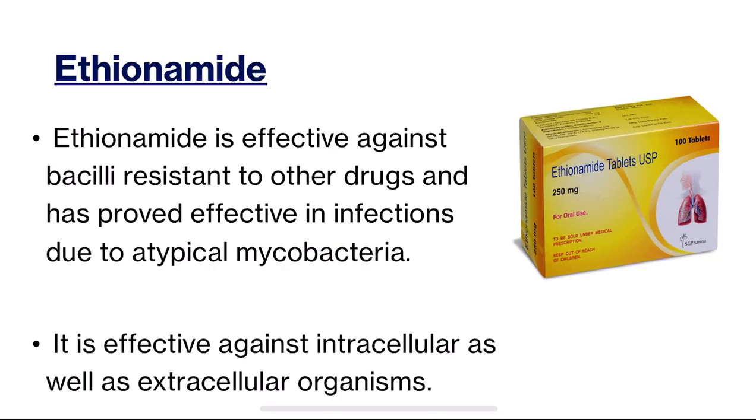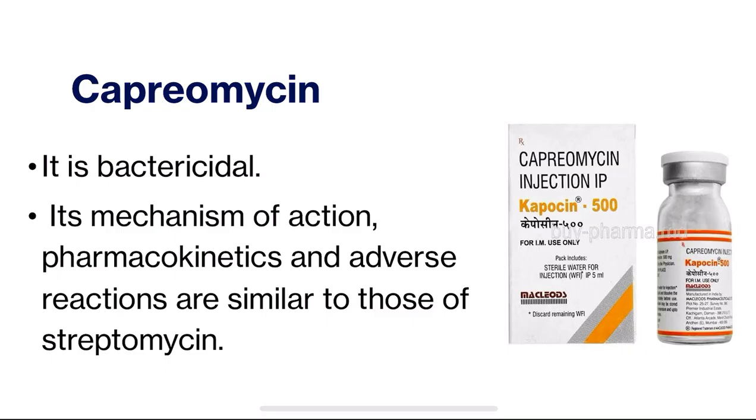So ethionamide is effective against those bacilli which are resistant to other drugs in the first place, and also in those infections caused by atypical mycobacteria. It is effective against intracellular as well as extracellular organisms. Is it clear? Ethionamide is active against bacilli resistant to other drugs and also atypical mycobacteria. It will act upon both intracellular and extracellular organisms.